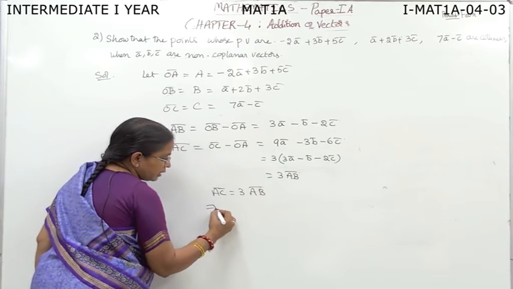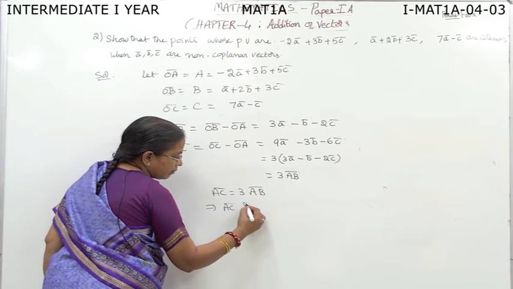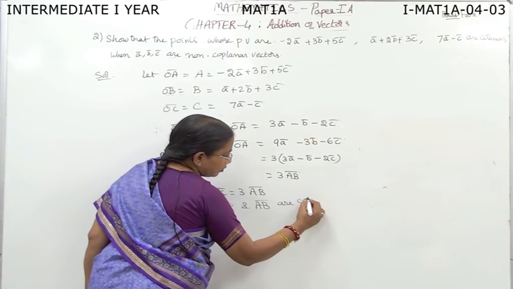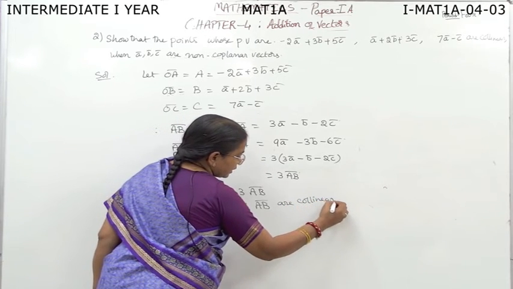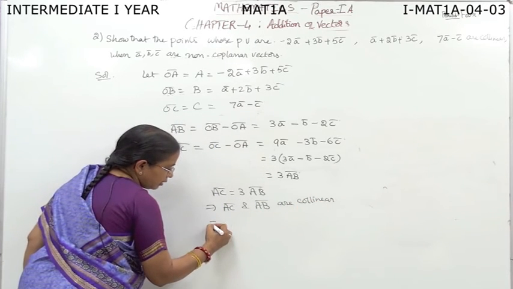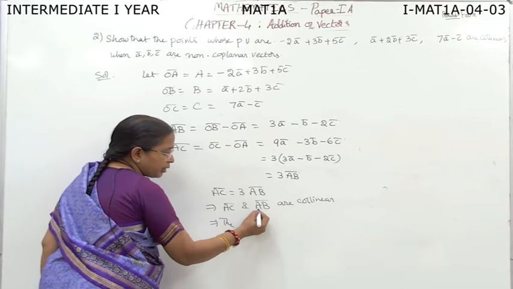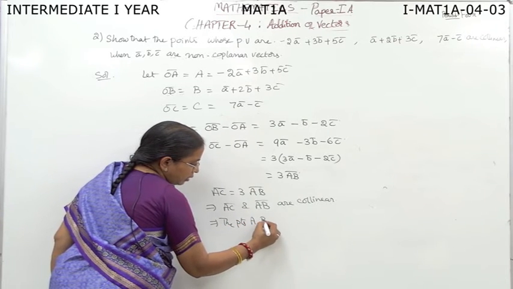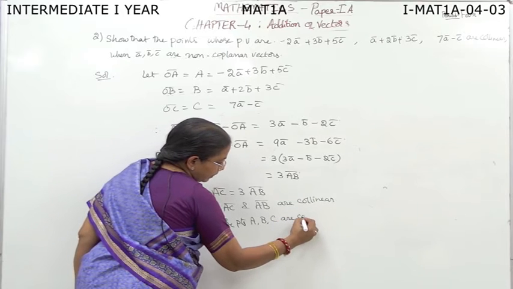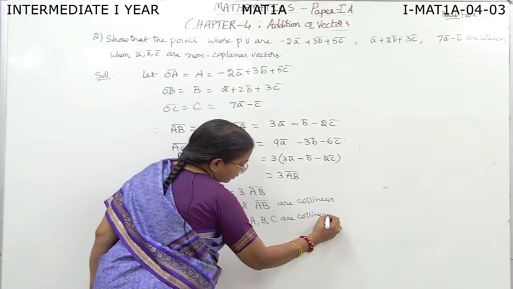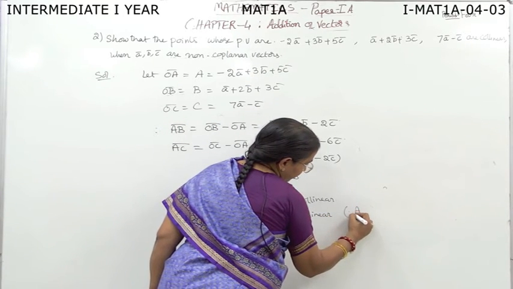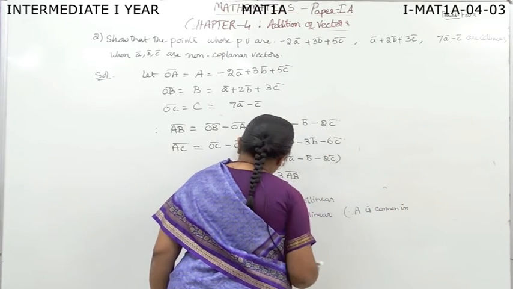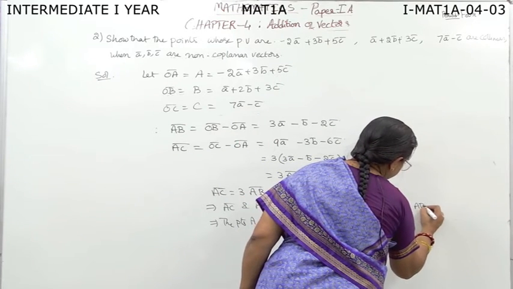So that means AC and AB vectors are collinear. When the vectors AB and AC are collinear, the points are collinear because A is common in them. A is common in AB and AC.